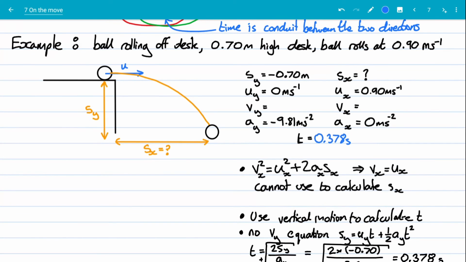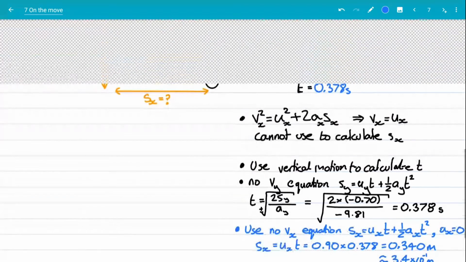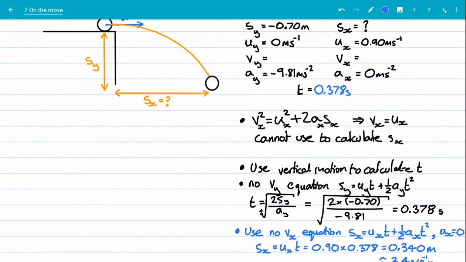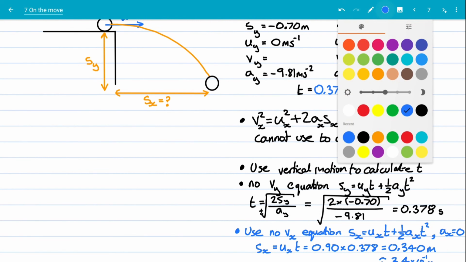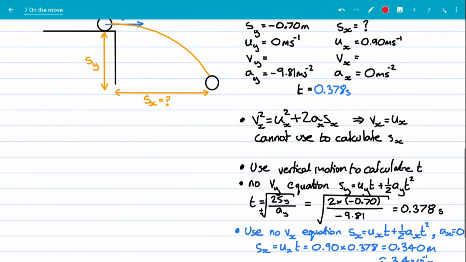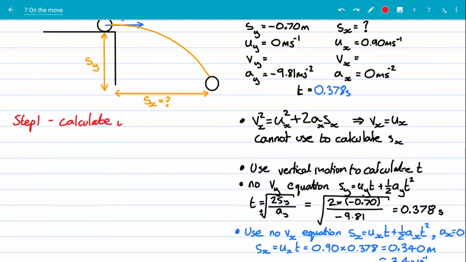So you start by looking at what happens vertically, and then you use that to calculate the time, and you use that time in the second stage. So 2 stages. Let me just make a little note of this. So step one, calculate t from vertical motion.